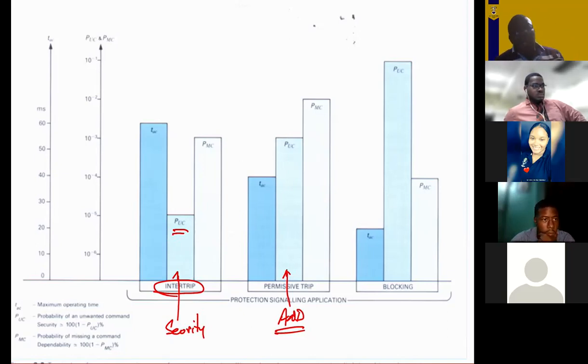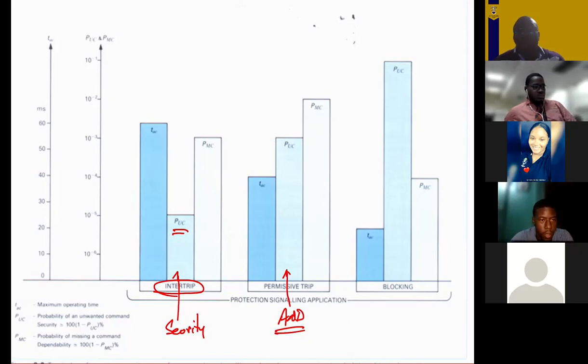So with that in the back of our heads, what we're saying is that the intertrip requires higher security. Because if the system is being influenced by an unwanted signal, meaning the probability of an unwanted signal is high, meaning low security, then it's going to cause the intertripping scheme to operate when it should not.